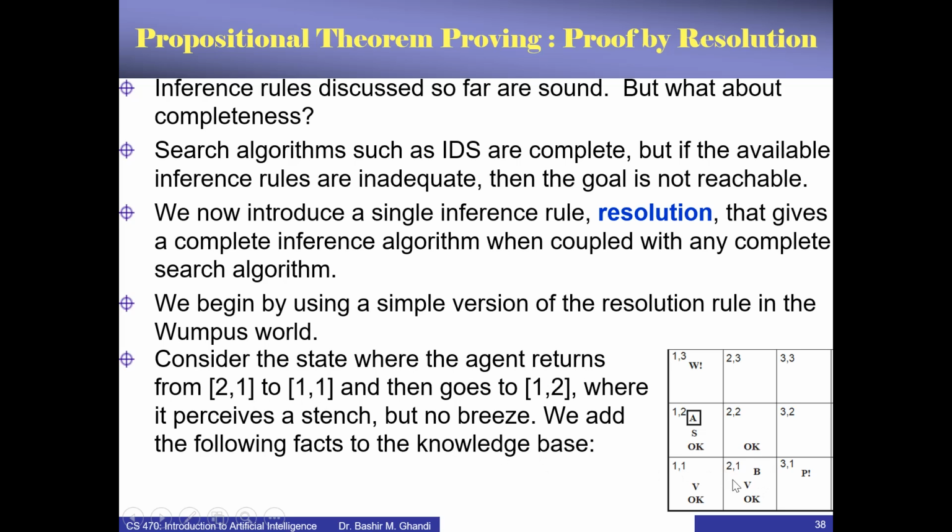The agent went to 2-1 and couldn't make a conclusion because there was a breeze, but it couldn't decide whether the pit was in 3-1 or in 2-2. So let's assume it came back to 1-1 and then goes up to 1-2. In 1-2 it perceives a stench but no breeze.